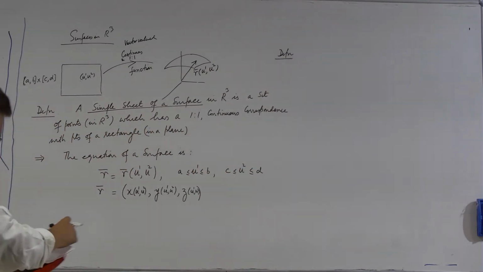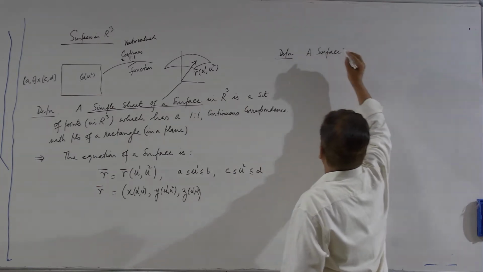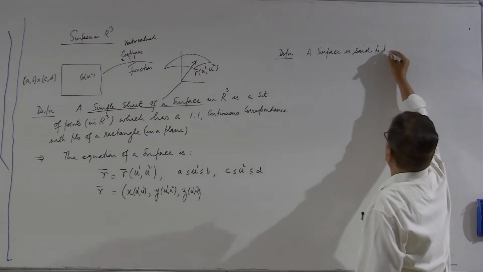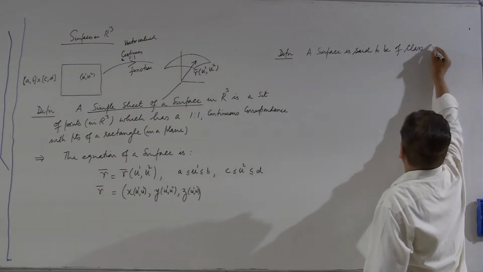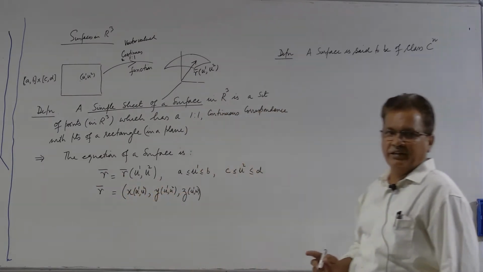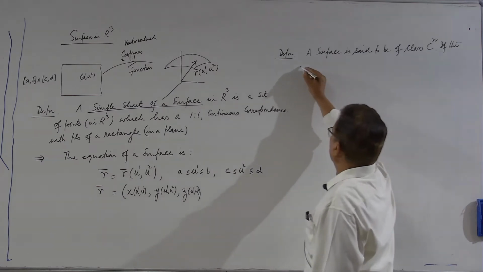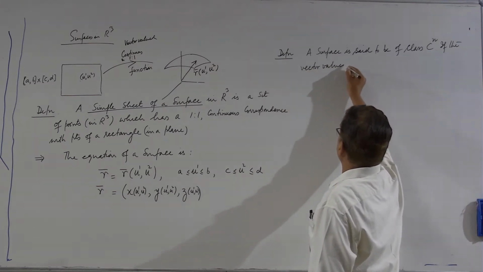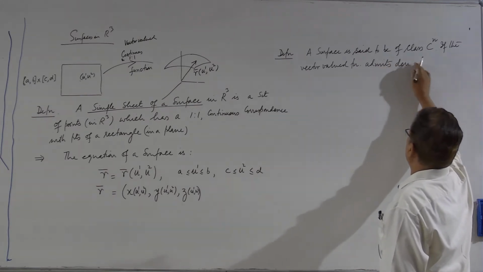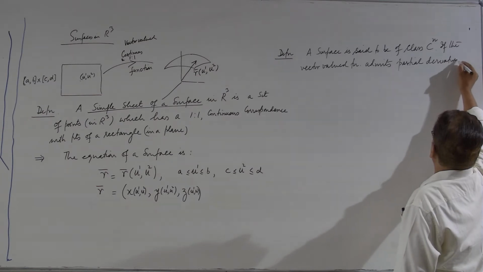A surface is said to be of class C n if this vector valued function admits derivatives, all partial derivatives, up to order n.